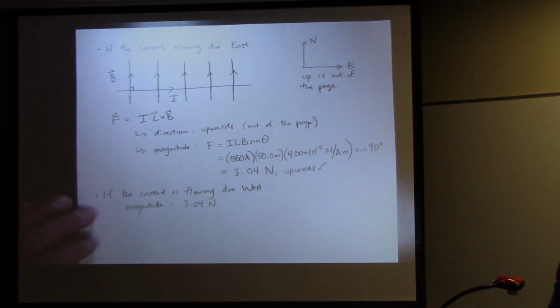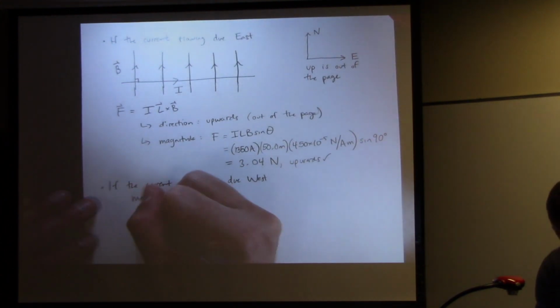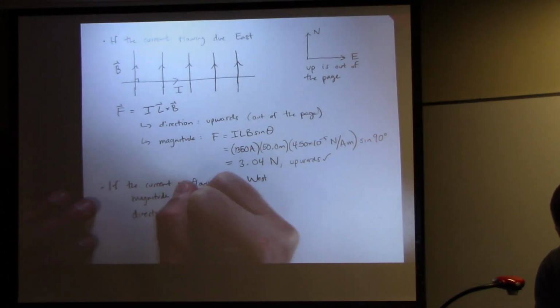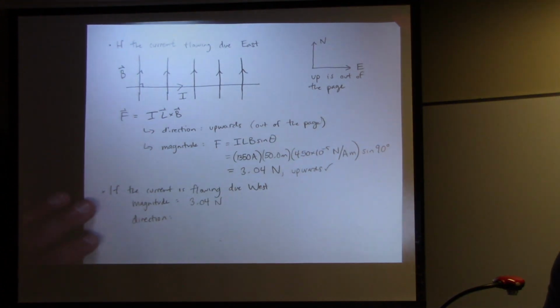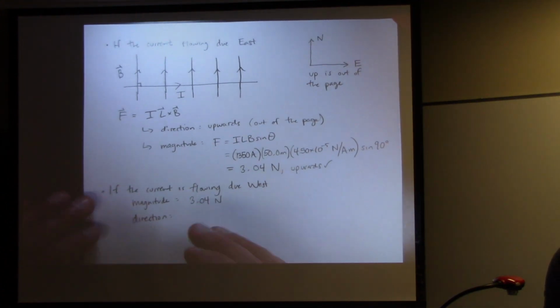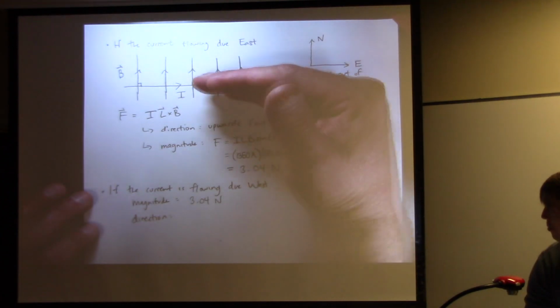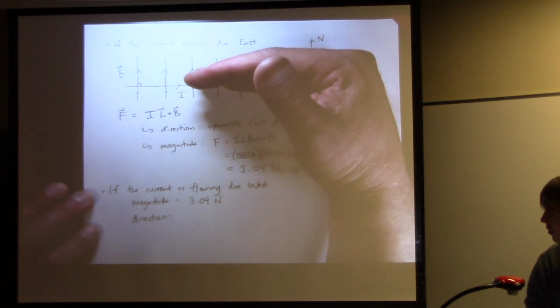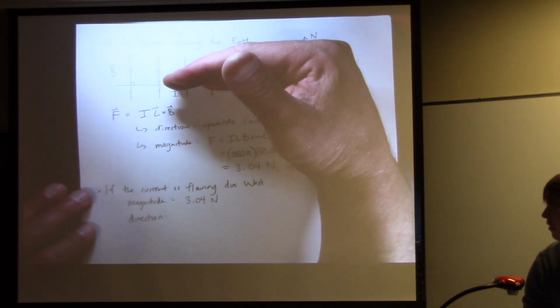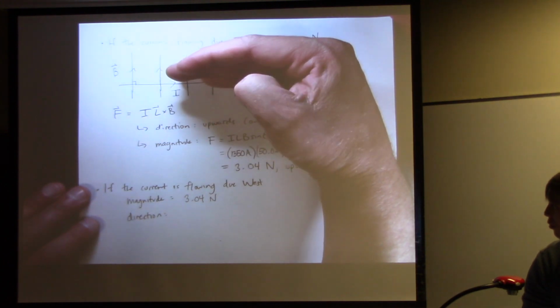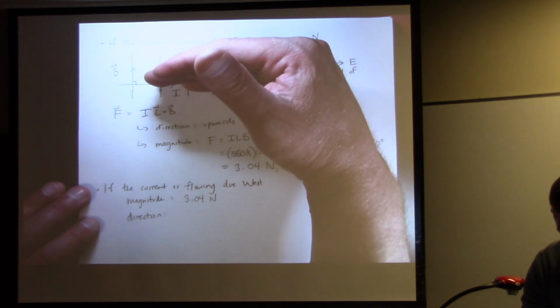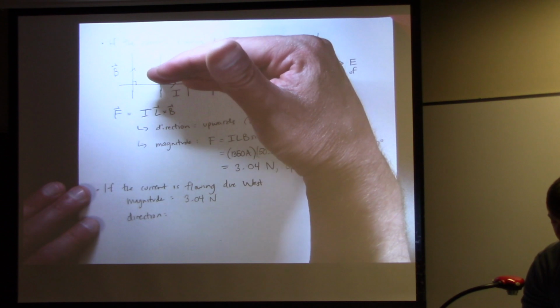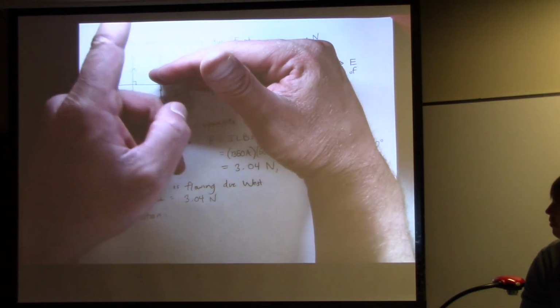So 3.04 newtons. Now as far as the direction, we have to do the right-hand rule. The direction is given by the right-hand rule. So now I'm imagining the current is going west. I have to take the fingers of my right hand and point them west. And then I have to curl them in the direction of B, so I have to curl them up.